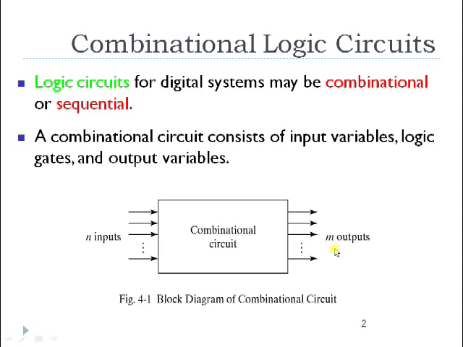So if you give an input at a time x, then based on those inputs you will get the output. That is what a combinational circuit is. It accepts n inputs and provides m outputs, and the outputs depend totally on the present inputs.